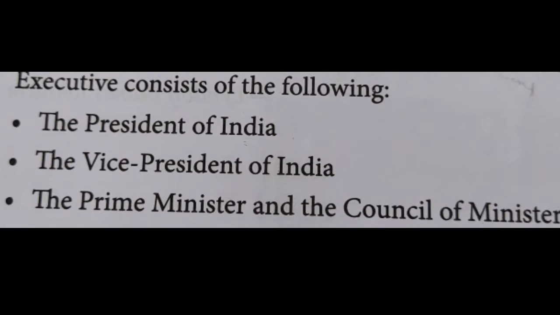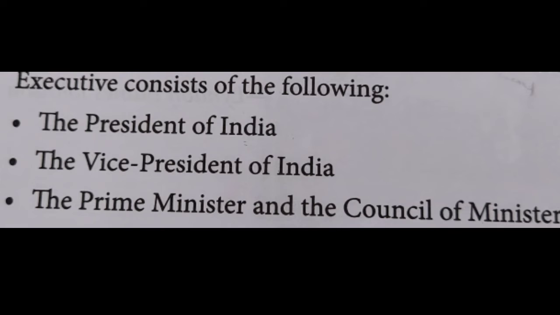The Union Executive consists of first the President of India, second the Vice President of India, and third the Prime Minister and all the Council of Ministers. So children, here you have got one number. You have to write about what is the composition of the Union Executive.